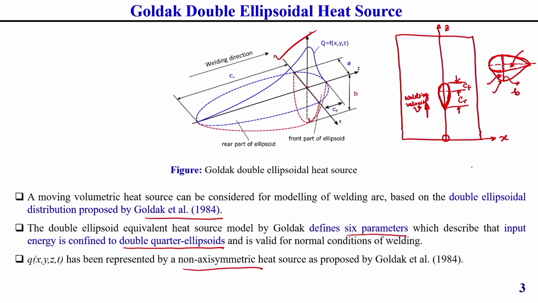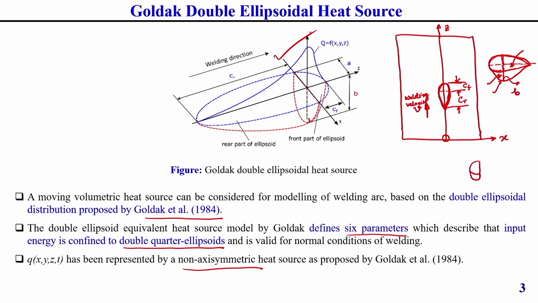Why is it a double quarter ellipsoid? Because this is a quarter of an ellipsoid. If it were a full ellipsoid, then the top side, right side, and bottom would also be there. So 1/4 of the ellipsoid is generally considered, which is why it is called a quarter of one ellipsoid. Here we are considering 2/4 of the ellipsoid, where the heat input is confined.